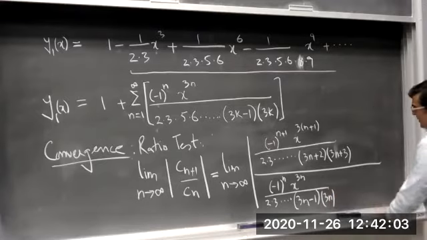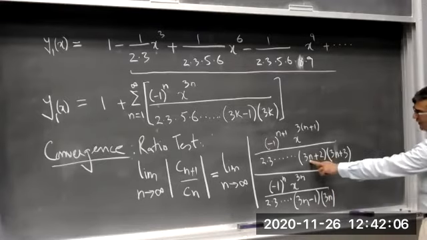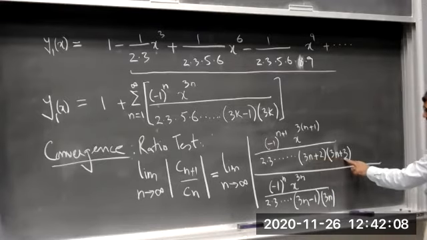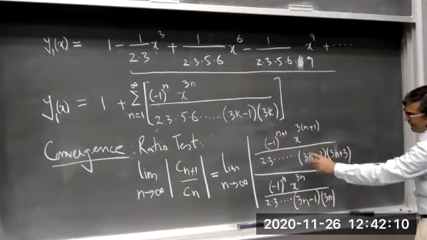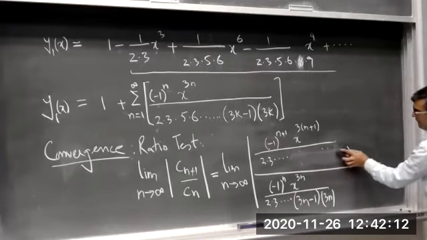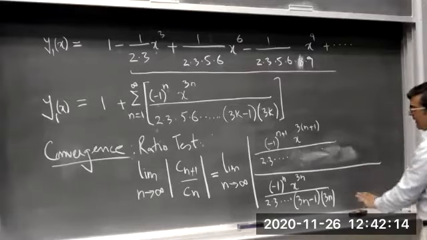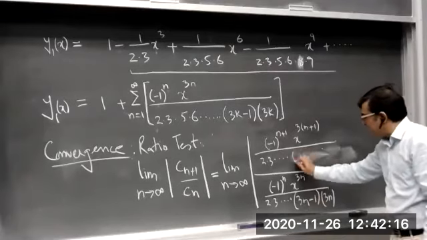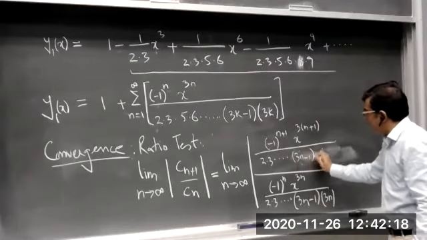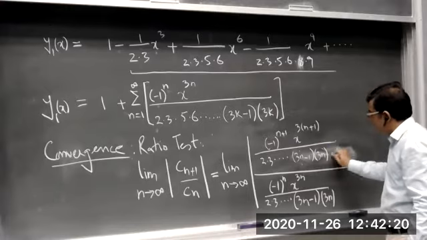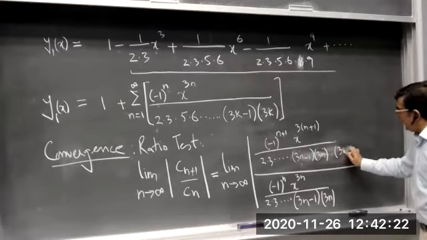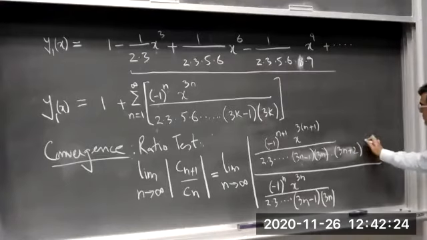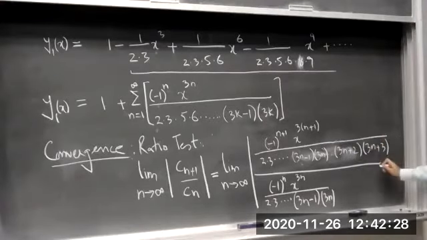Now look here, if you have 3n plus 2 and 3n plus 3, what will be the previous term? Here, it must be this one: 3n minus 1 into 3n into 3n plus 2 into 3n plus 3. So this will be your ratio cn plus 1 divided by cn.